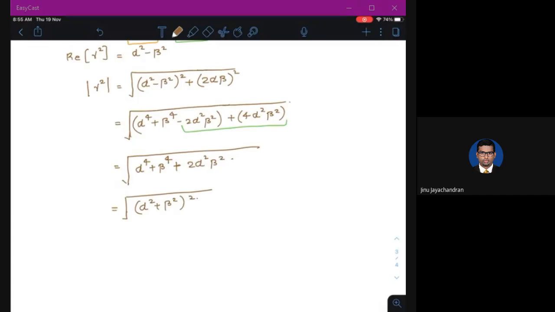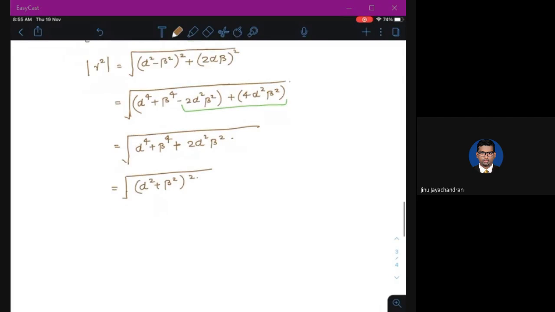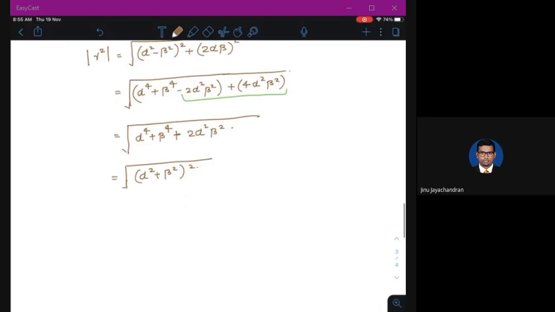If you expand alpha square plus beta square the whole square, you will get alpha raised to 4 plus beta raised to 4 plus 2 alpha square beta square. So when you take the square root of this, you will get alpha square plus beta square.